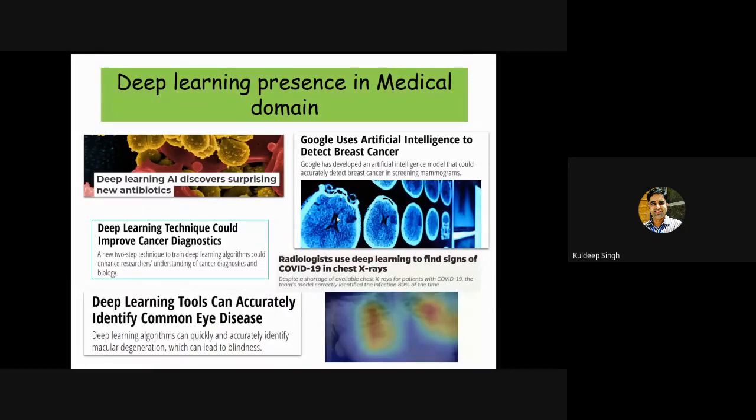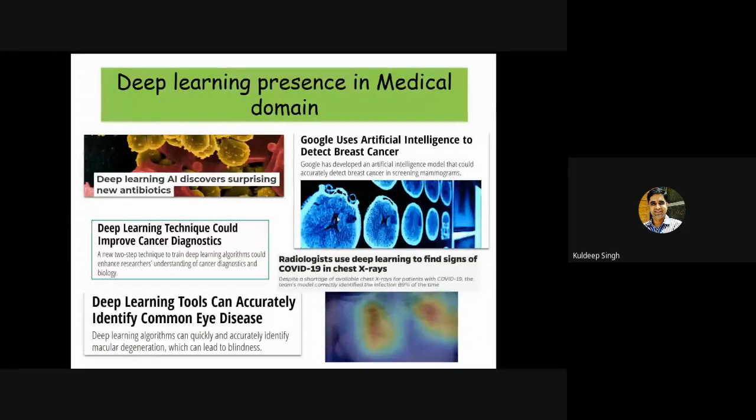So now let's come to the point where we can discuss the presence of deep learning in the medical domain. Recently, in this current pandemic time, there's a scarcity of RT-PCR based test kits, and this has helped researchers to find alternates for testing coronavirus.